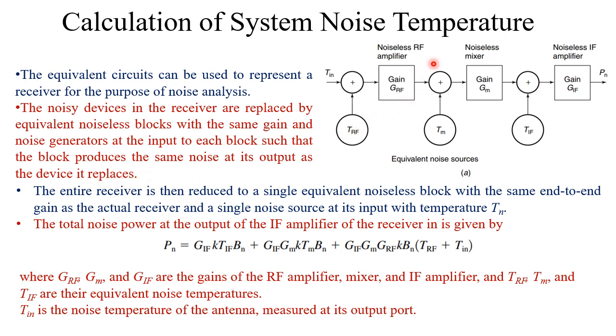So we had the RF amplifier, right? The RF amplifier is replaced by a gain box, which is noiseless, along with a noise source at the input, right?